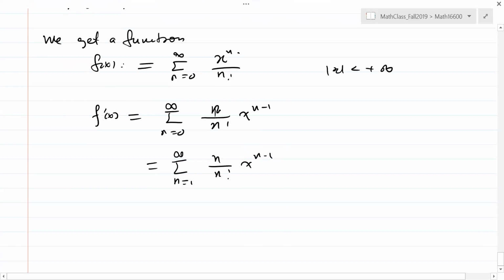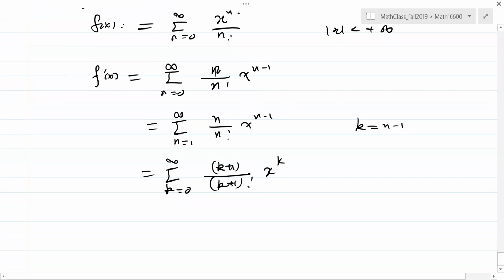Then I can let k be n minus 1, so k will start from 0 again. k plus 1 over k plus 1 factorial, x to the power k, which can be simplified to 1 over k factorial.